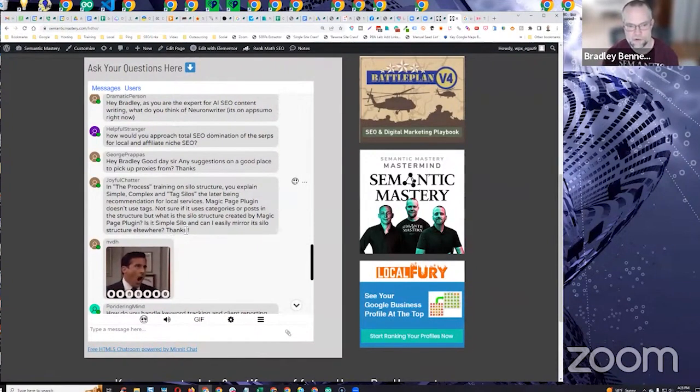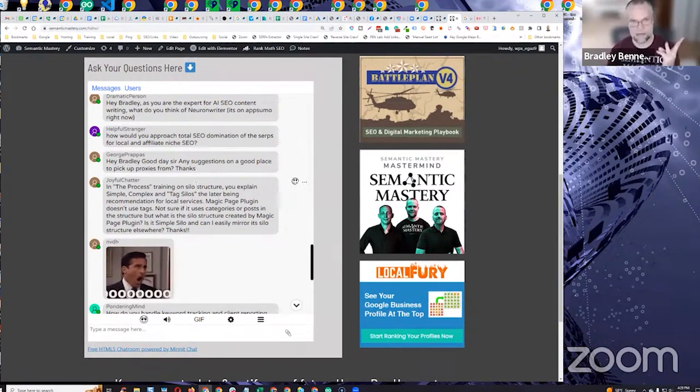Because if you do some sort of a complex silo, which, guys, for anybody that doesn't know what I'm talking about, a simple silo structure is top level pages and categories and then supporting posts, period. So it's 2 levels deep. That's it. There's top level pages and categories, then there's supporting posts. A complex silo structure is top level pages and categories, then child pages and subcategories, and then supporting posts.